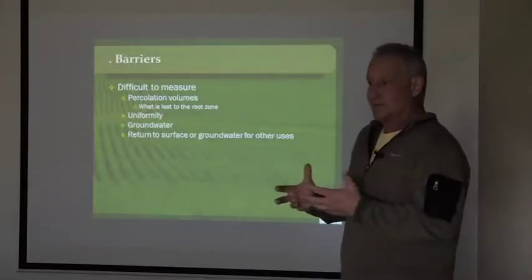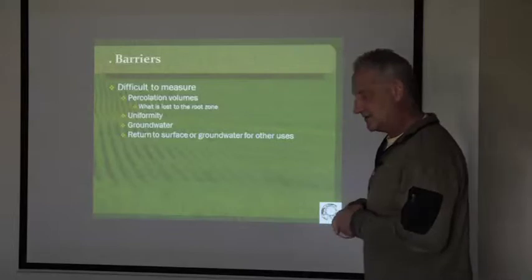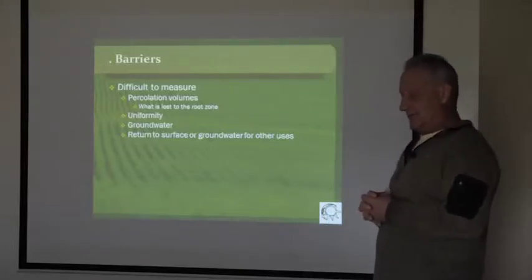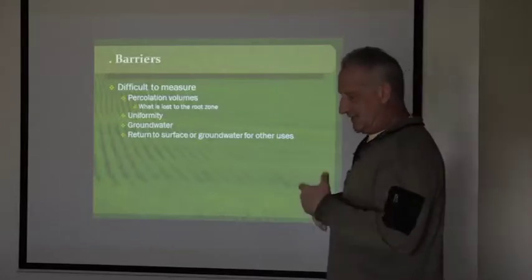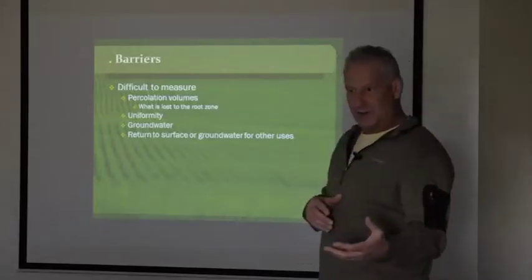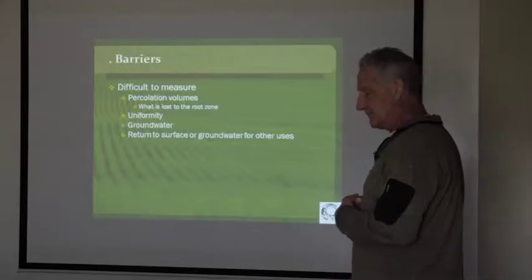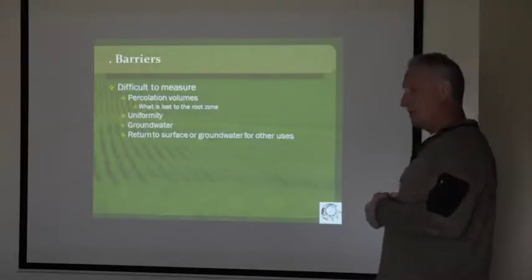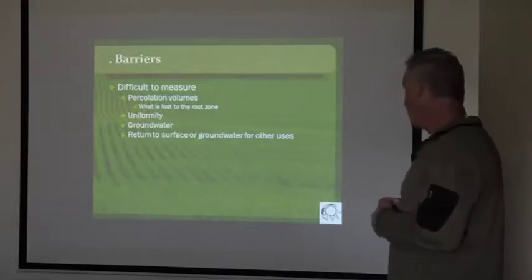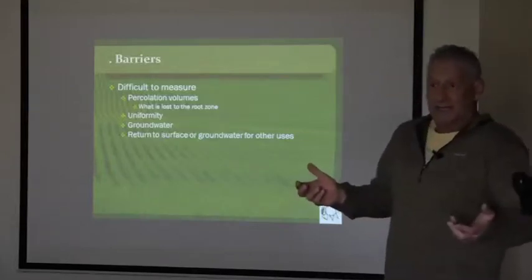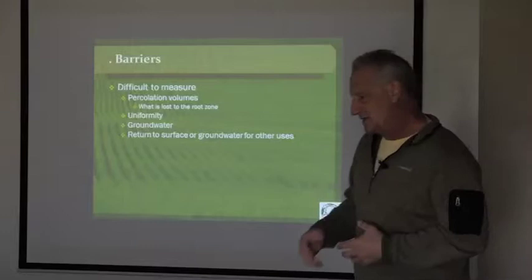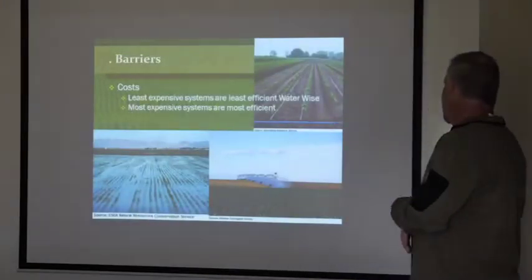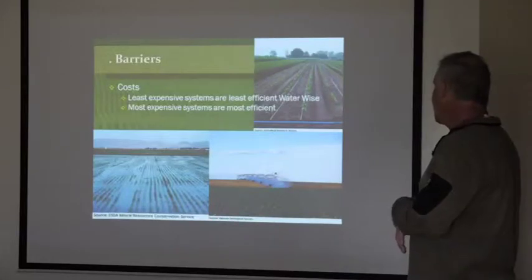Uniformity is a problem, and I've got a cool slide that shows that. We also don't necessarily know where the groundwater is, and the water that we do return to surface water or groundwater, we can use for something else. All these things make it tough to see how efficient we are.